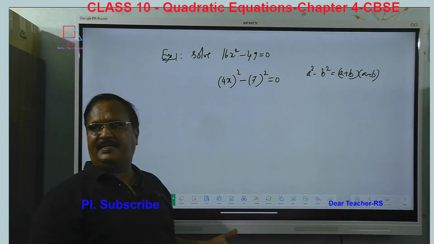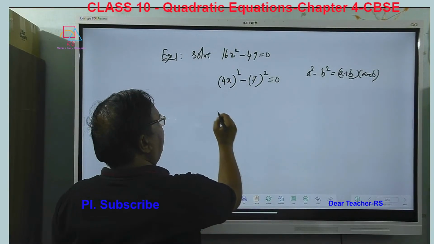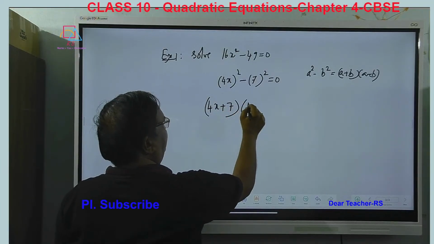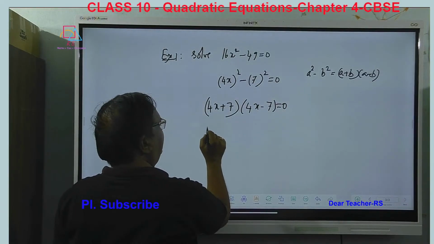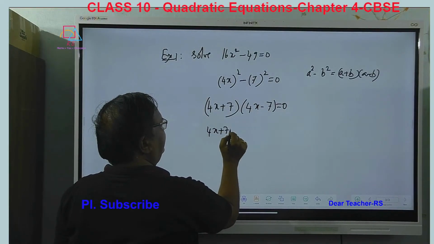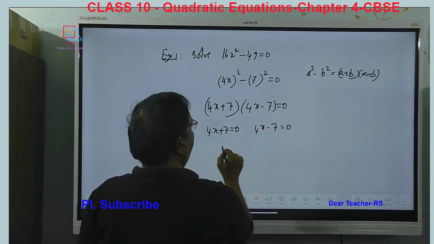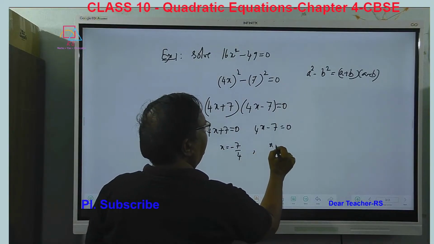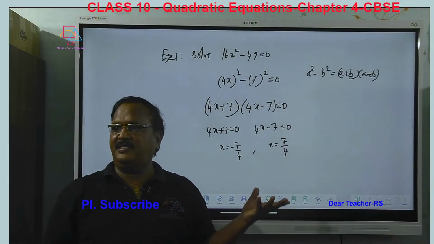Then you can easily get the factors. So 4x plus 7 into 4x minus 7 is equal to 0. So 4x plus 7 is equal to 0 and 4x minus 7 is equal to 0. X is equal to minus 7 by 4 and x is equal to 7 by 4. So these are the solutions of this.